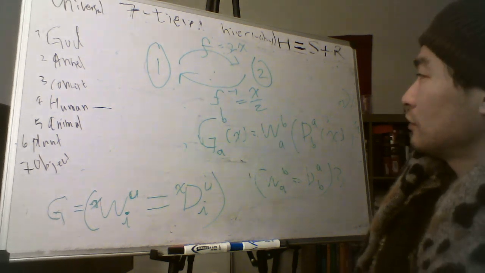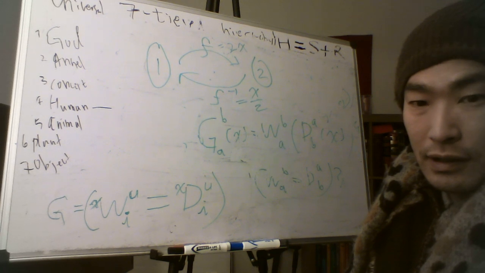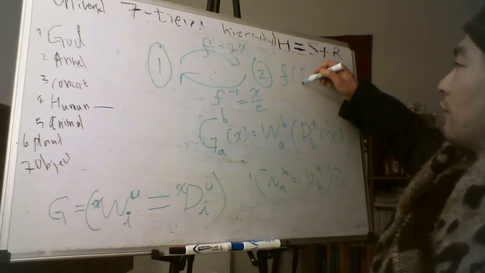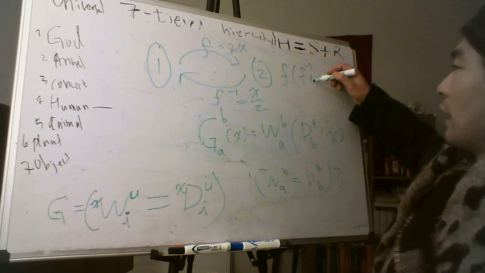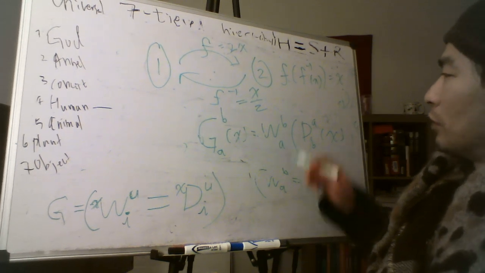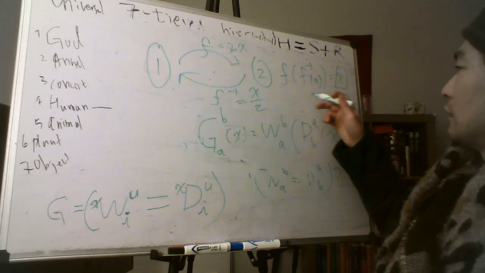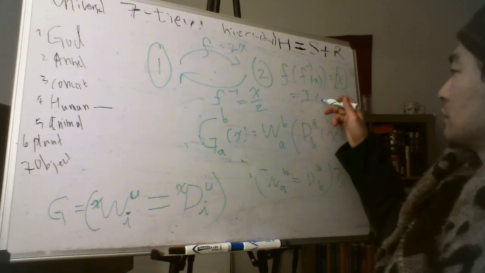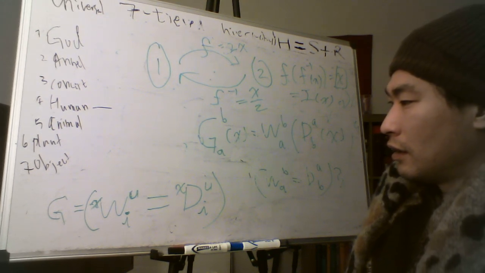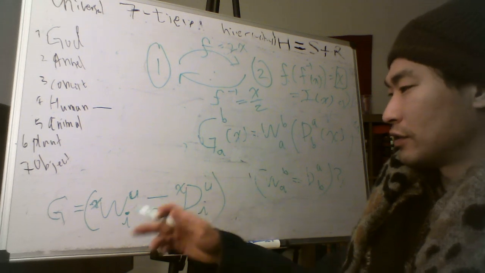Identity. F of f inverse x is equal to just x. You multiply x by 2, then divide by 2, then it becomes just x. Identity function, I of x. I'm suspecting this want function and do function are inverse to each other.